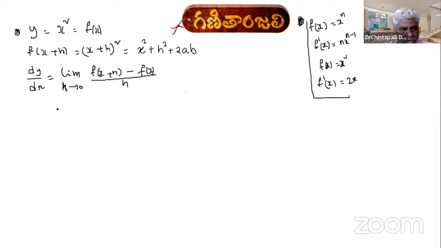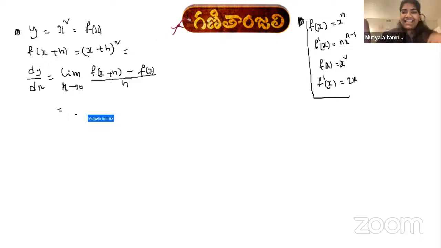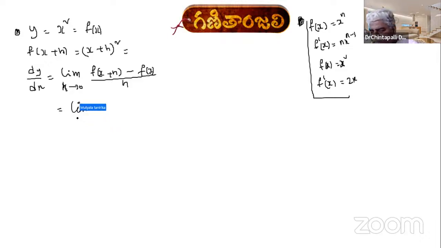Now go on, continue. Limit h tends to 0. The value of f of x plus h is ready. So it's x square. Limit h tends to 0. Keep forgetting that.